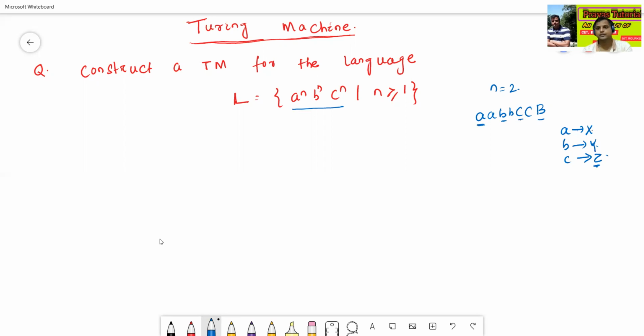Now we'll construct. This is the first step. Here Q0 is the initial state.